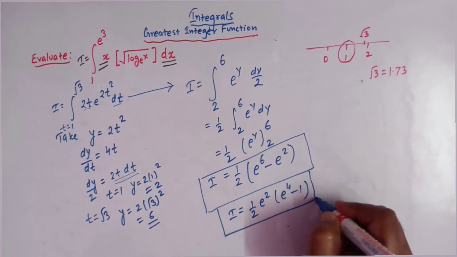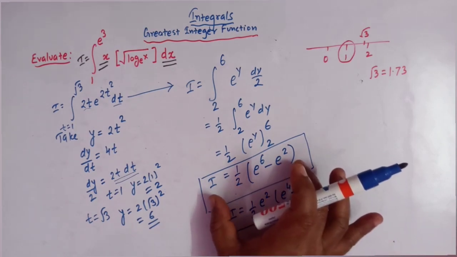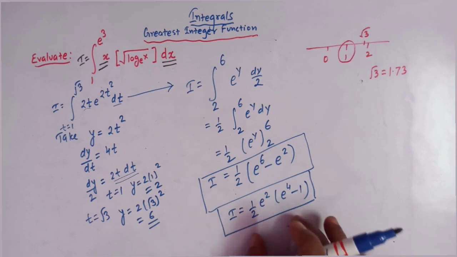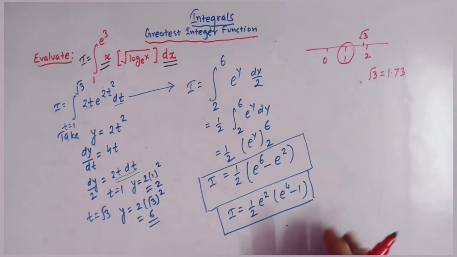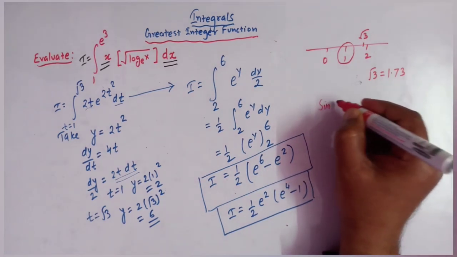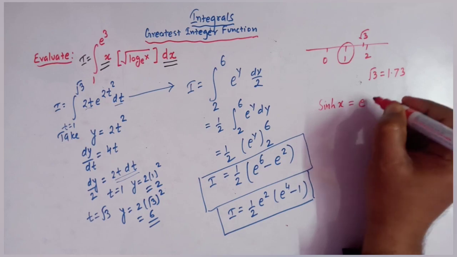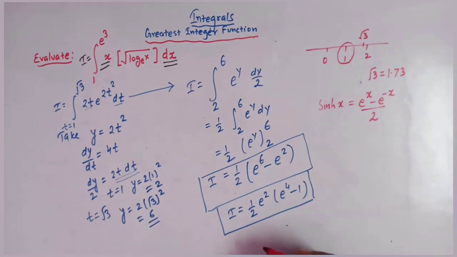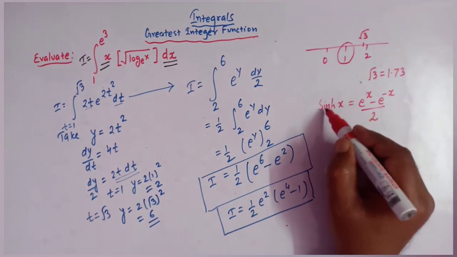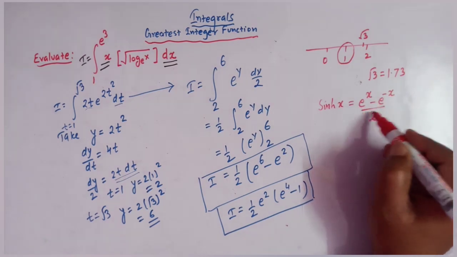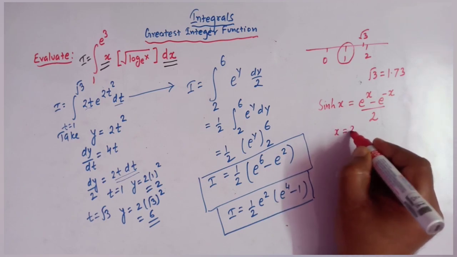So this is the second form of this result, and now we'll try to express this result in terms of a hyperbolic function. So viewers, we know that the definition of the hyperbolic sine is given by e raised to x minus e raised to minus x over 2, right? So sinh x, which is the hyperbolic sine, is given by e raised to x minus e raised to minus x over 2. Now here take x is equal to 2, right?